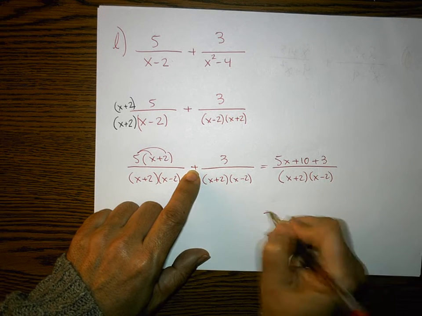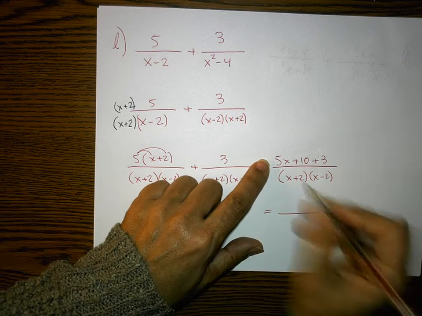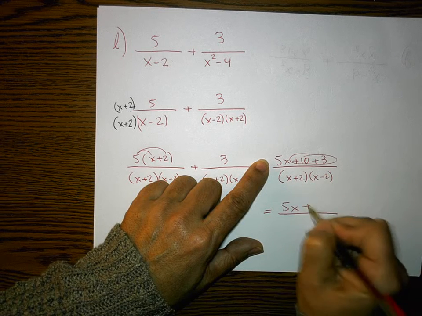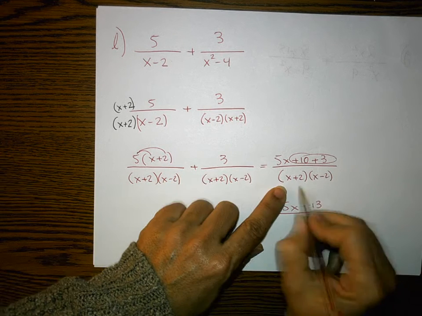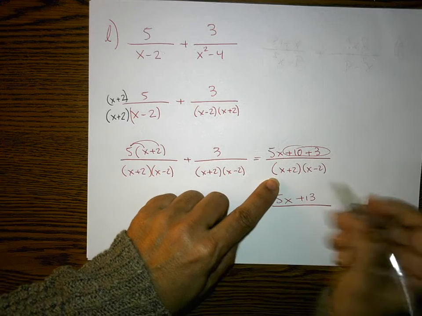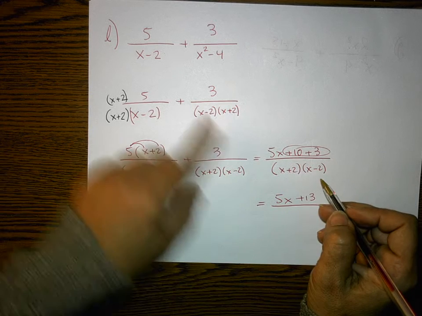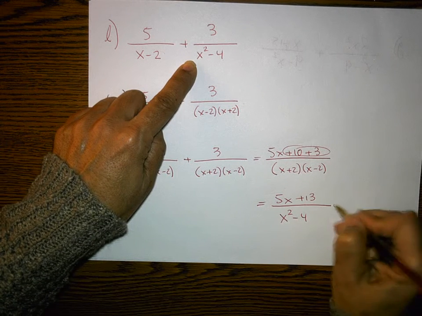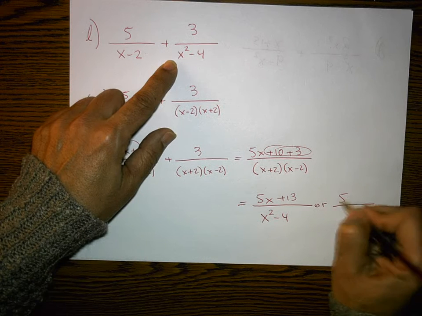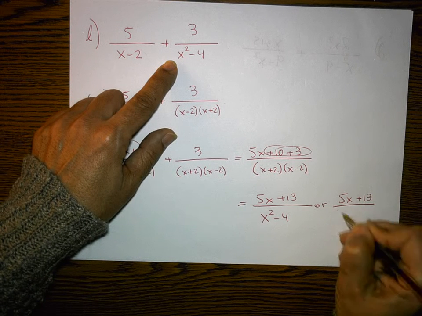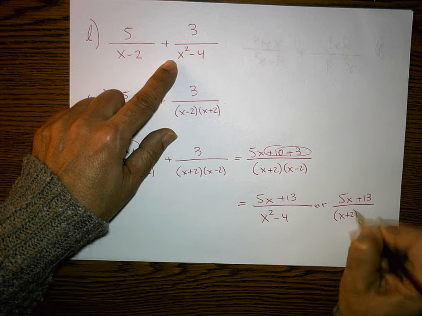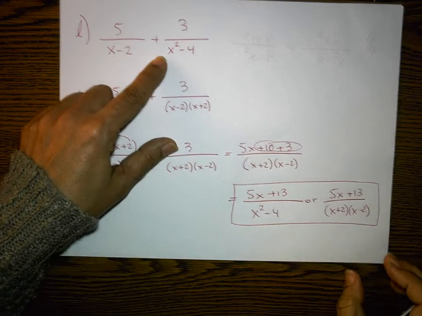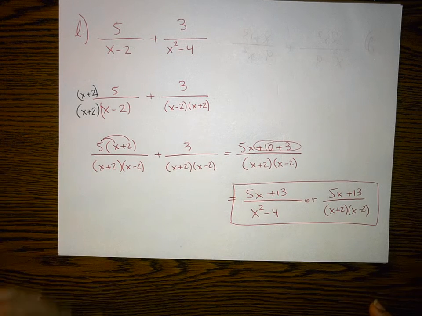So if you go ahead and combine like terms, we would have 5x plus a 13 all over. You can either leave this factored out completely, or because you know it's a difference of squares, you can write x squared minus 4, or you can just leave it the way that it is, 5x plus 13 all over x plus 2 times x minus 2. Either way, they're good answers, they're perfect answers, okay?